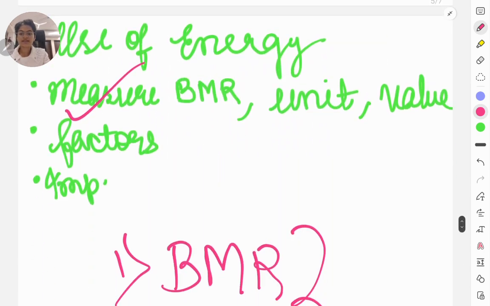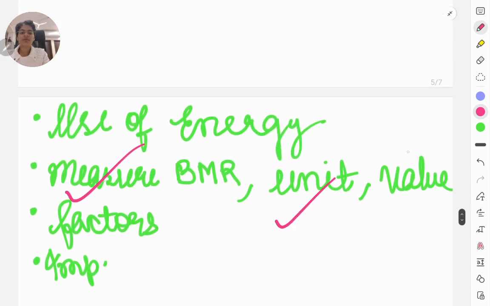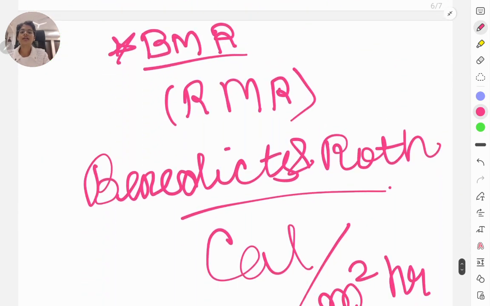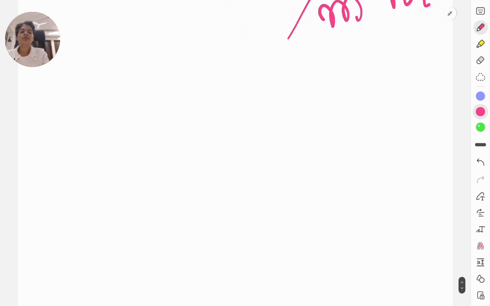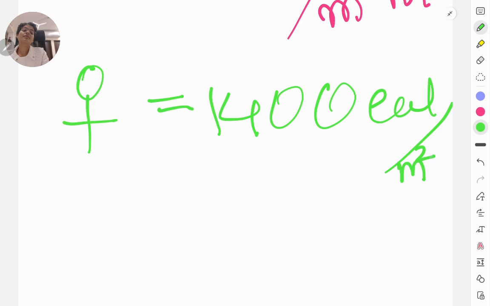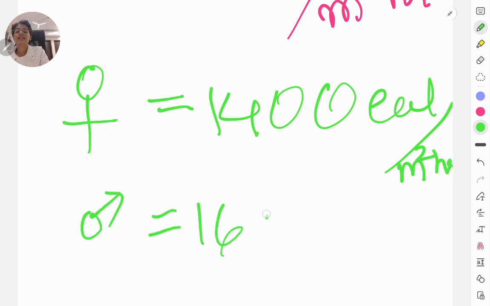Now what next? We came to the unit, we came to values also. Now the value of the BMR in females is generally 1400 calorie per meter square per hour, but in the case of males it is 1600.